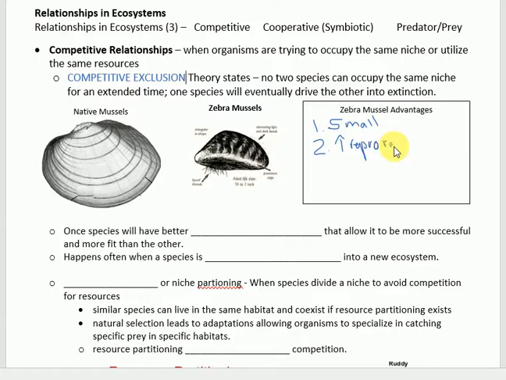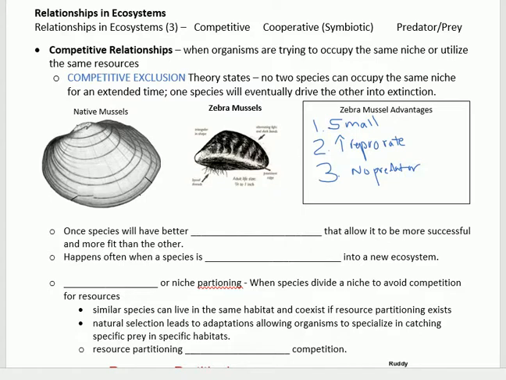So that means that there were more of them in the area, which means there were more of them to occupy the niche. And the third advantage that they have is that they have no natural predators because they're not from this area. So what that meant basically was bad news for the native mussel.